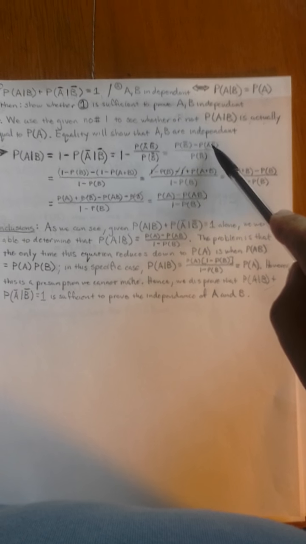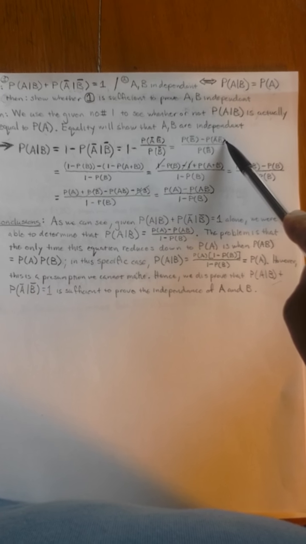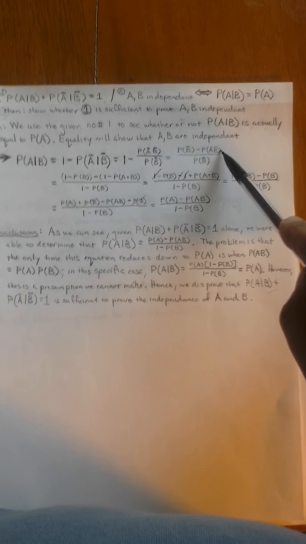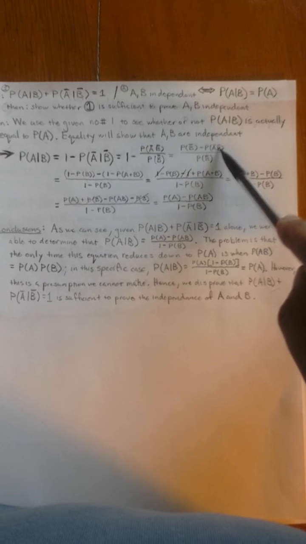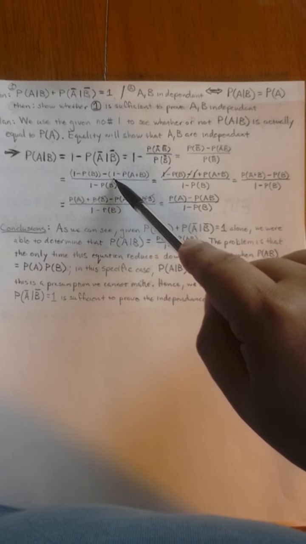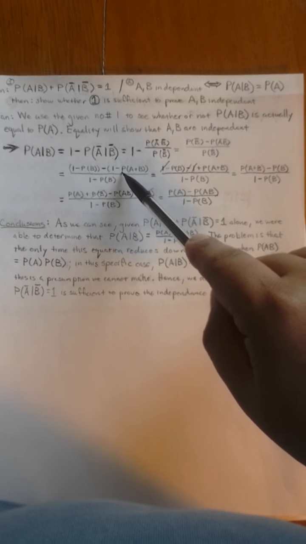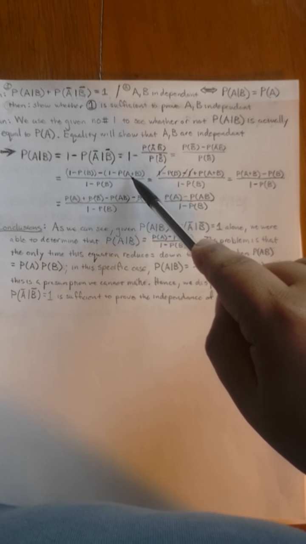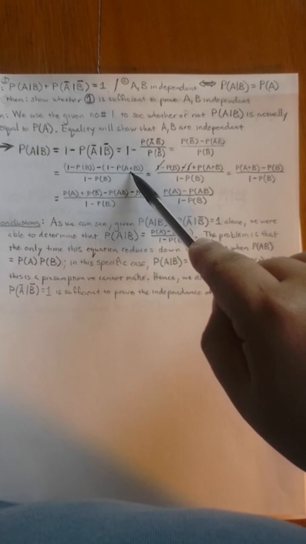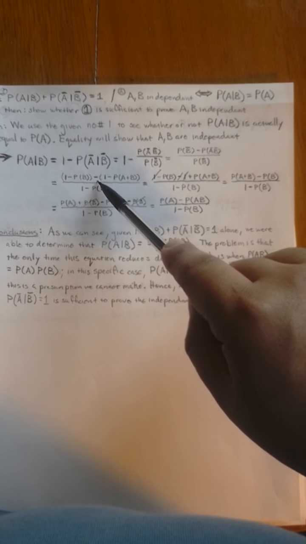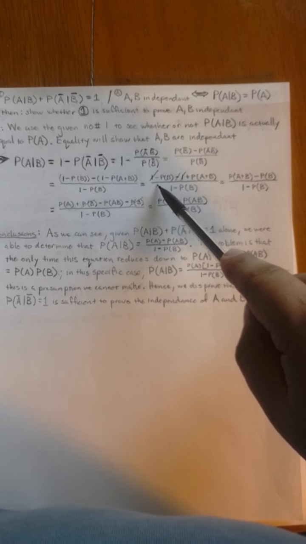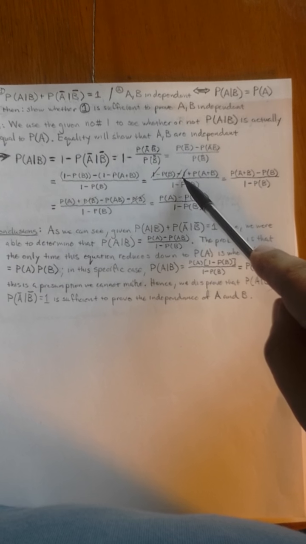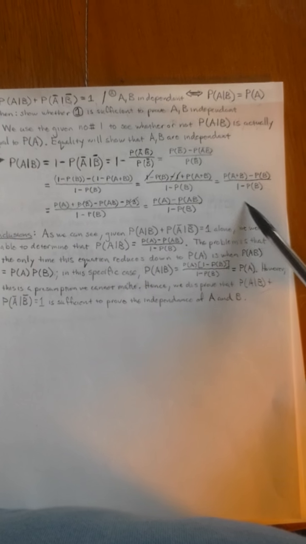Now, if we look at this intersection term of the two complements of A and B, we can substitute this term with this term right here. Basically the intersection is equivalent to 1 minus the probability of the union. And if you draw this out in Venn diagrams, it makes perfect sense. If we then bring through the negatives, do some simple arithmetic, and cancel out ones, we end up with this equation right here.